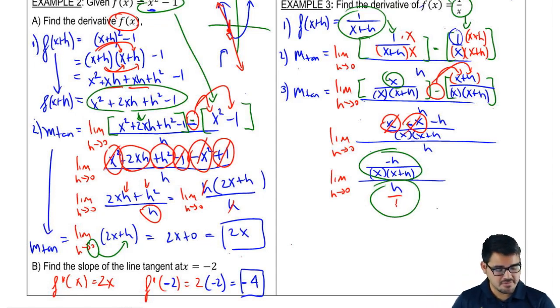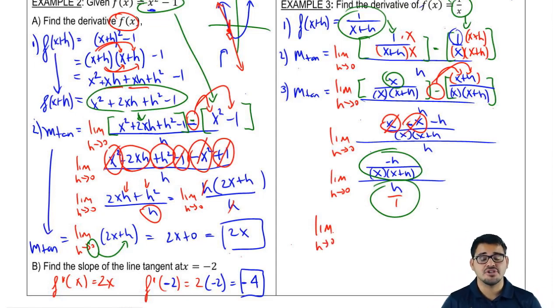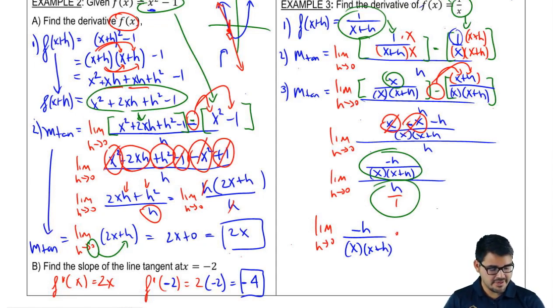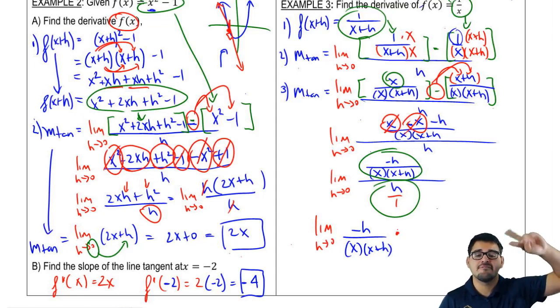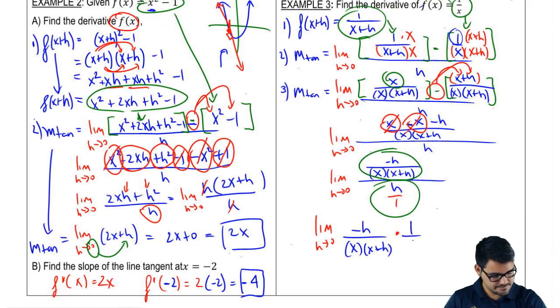So now if you guys remember from dividing fractions, what you do is you keep the top fraction the same. So it's going to be negative h over x times x plus h. And then we're going to multiply it by the reciprocal of the bottom fraction. By reciprocal, I just mean I'm going to flip it. So h over 1 gives me 1 over h.